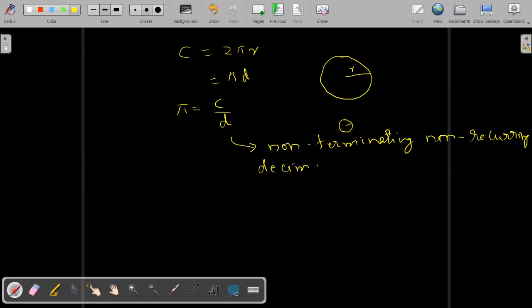Means when you divide this, it will not terminate and it will not end.